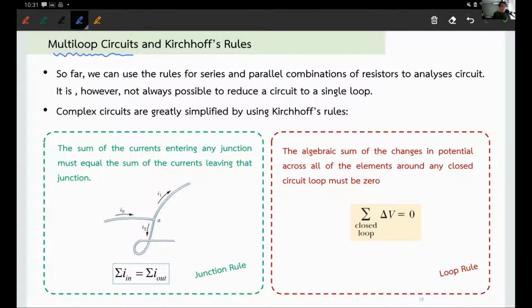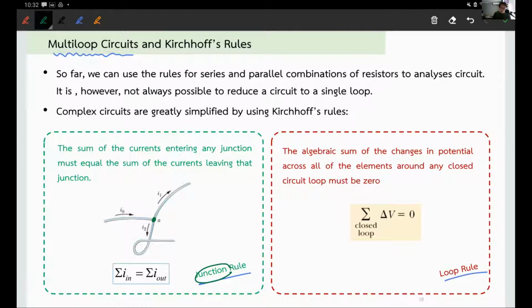Kirchhoff's rules are actually composed of two parts. One is the junction rule, and the other one is the loop rule. Even though it sounds like a rule, it's actually very simple to understand. The junction rule, as the name implies, is used at the junction. Every time there is a junction, the current has to split.